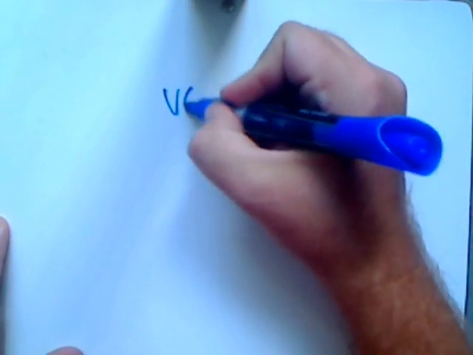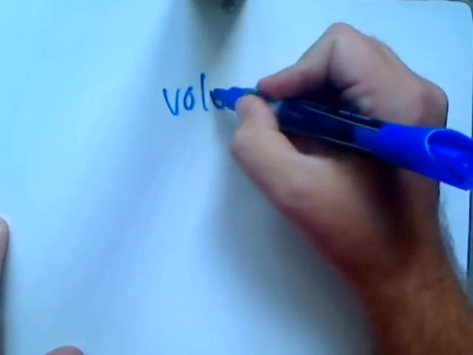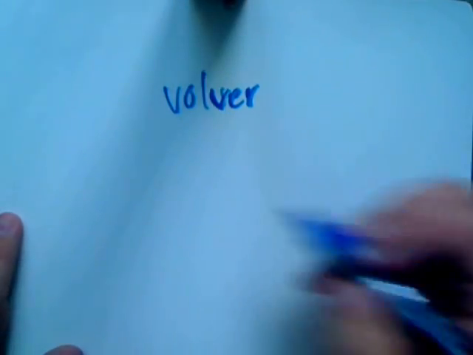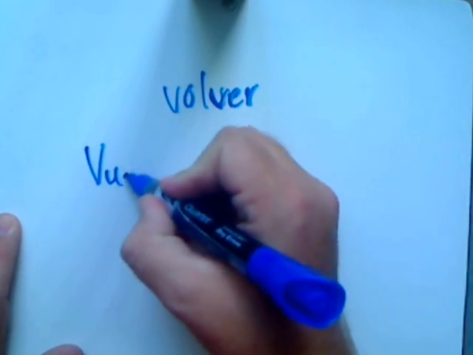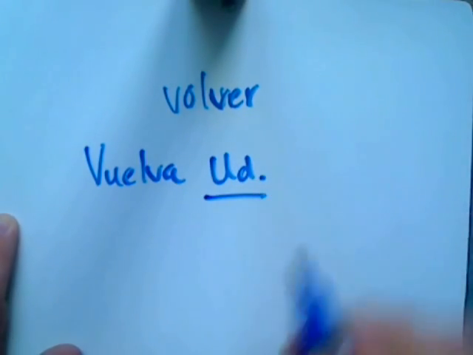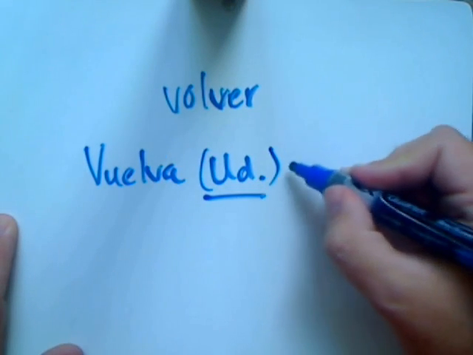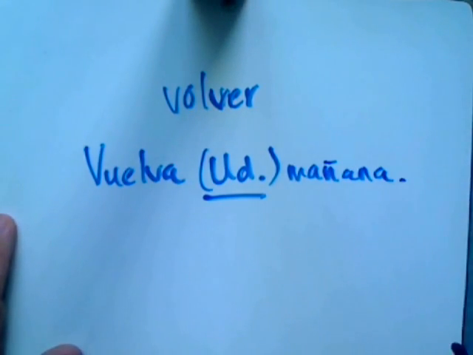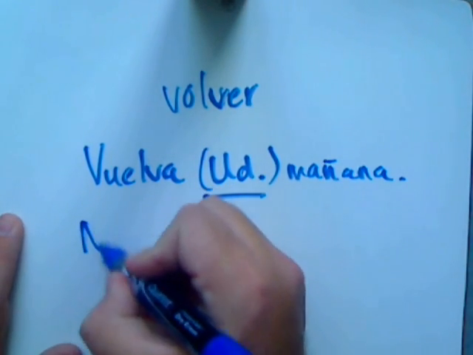Okay. Let's take a look at a stem changing verb like volver. Volver, to return. I could say come back tomorrow. Vuelva mañana. And sometimes you can insert the formal pronoun. Okay. Or you want to make a negative command.